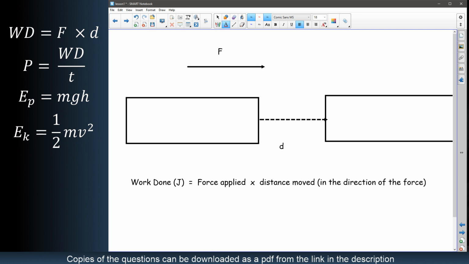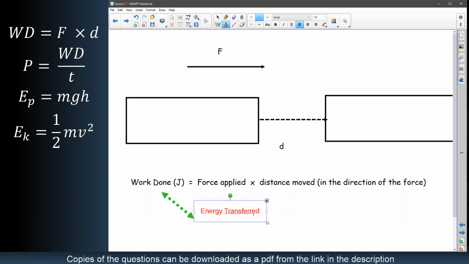Okay, so kind of top left of the screen here, we have work equals force applied times distance moved. Now work done is synonymous with another thing. Now, if I'm an examiner, I don't set you this question. What I do is I change work done and I change it to energy transferred.